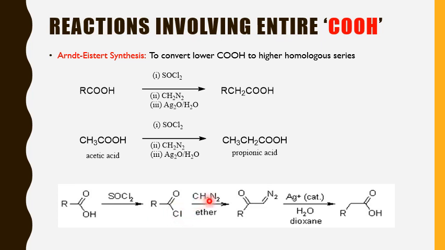This acid halide upon reaction with diazomethane will give you an intermediate RCOCHN2. This will be rearranged. And further upon oxidation with silver oxide will give you a higher carboxylic acid where you will have one carbon extra than the starting carboxylic acid. You can see here it is R, here it is RCH2.